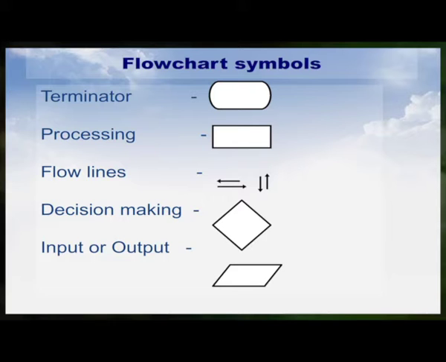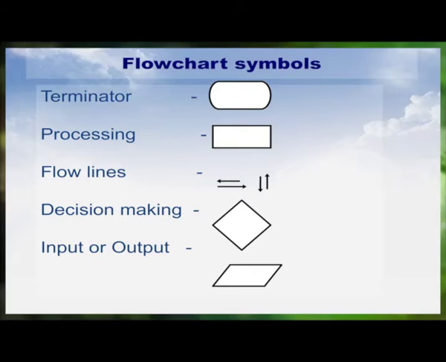The first one is the terminator, which we use for stop and start. Next we have the processing symbol. Following that, flow lines, then the decision making symbol, and the input and output symbol. So these symbols we have used in our previous flowchart. To start with a flowchart, we have a terminator.